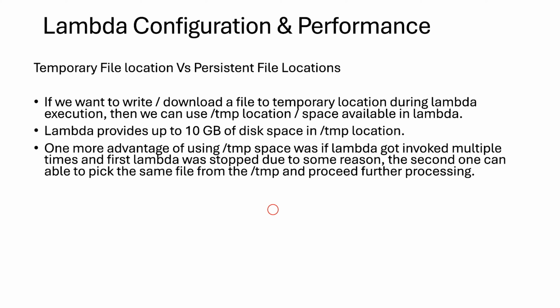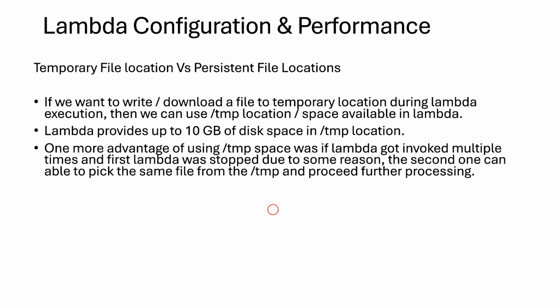If the Lambda has already set up the execution context, it can reuse the same DB connections. In the same way, if the first Lambda is writing something into /tmp and it got stopped for some reason, and immediately the second Lambda, meaning the second invocation of the same Lambda, is executing, it can continue from the place where the first one failed. It will read the same file from the /tmp location. So this location is also shareable among different instances of the same Lambda.